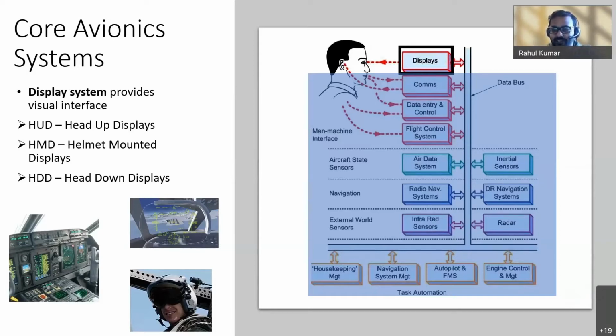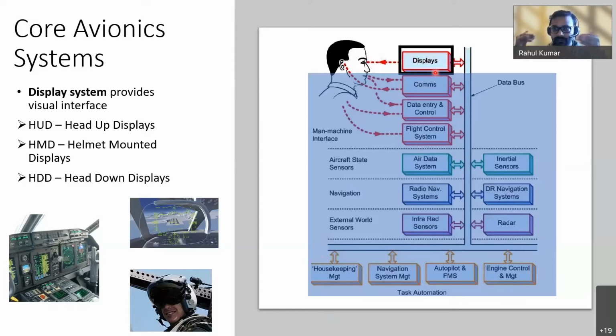So to start with the different core avionics systems, the first few are the ones which the pilot can see, or you can visually see them in the cockpit, right? The first one is your display system.